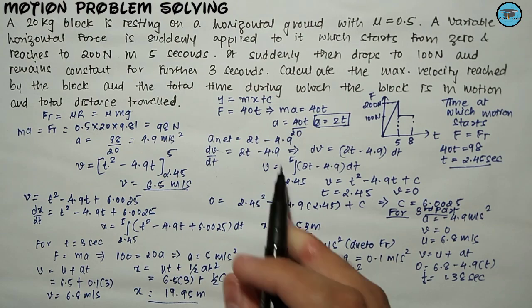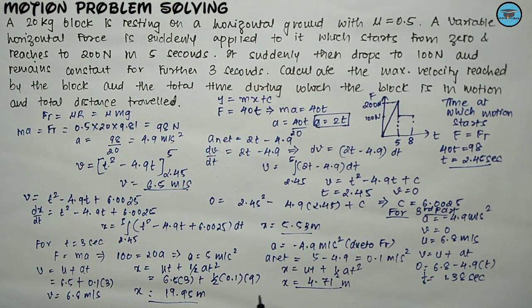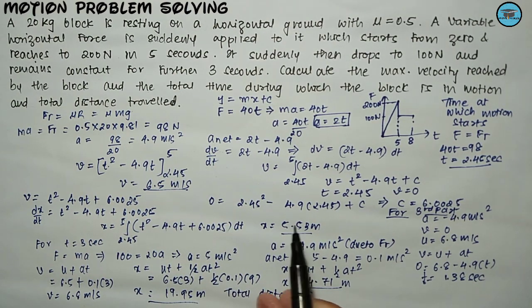So to determine the total distance traveled by the block, we need to add these three distances. The total distance is equal to 5.53 plus 4.71 plus 19.95. So the total distance comes out to be 30.18 meter.